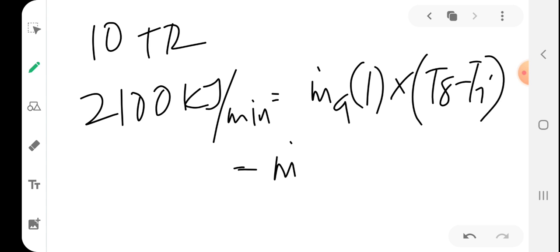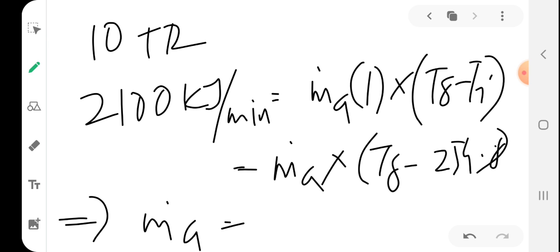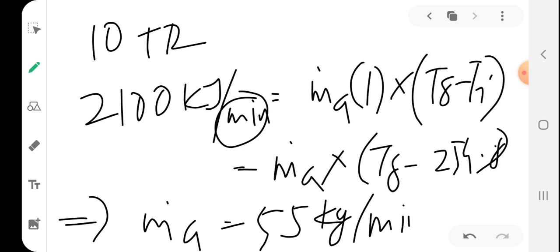T8 is unknown, T7 dash is 254.8. You solve, and since it is per minute, you will get m dot a as 55 kilogram per minute. You should be consistent with the units: here kilojoule and Cp is also in kilojoule, so kilojoule cancels.